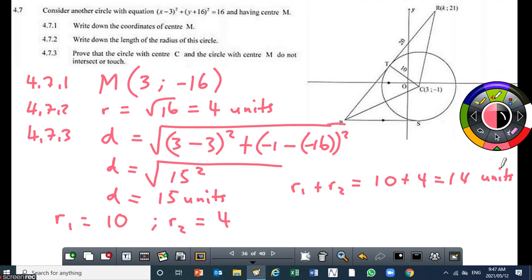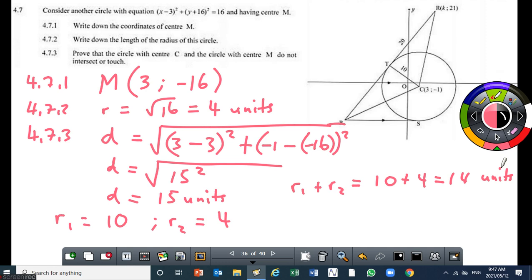Their center is not the same, but the x value at the center is the same. The x value at the center is the same, but the y value is not the same. This minus 16 is going to be at the bottom here. So we are going to have the center somewhere at the bottom, where x is 3, but y is negative 16.